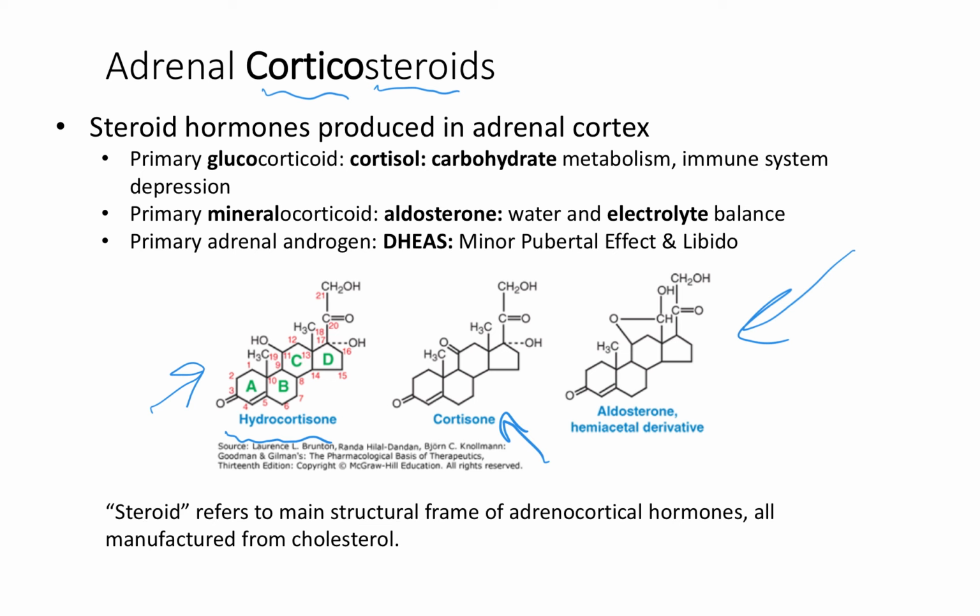When we put these into categories, we have glucocorticoids, and that word gluco came about when this substance was first determined to have a huge impact on carbohydrate metabolism, which would give us availability of glucose. So our primary glucocorticoid is cortisol, and the gluco, again, comes from its role with carb metabolism.